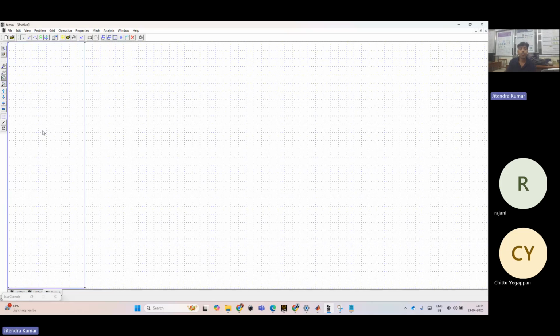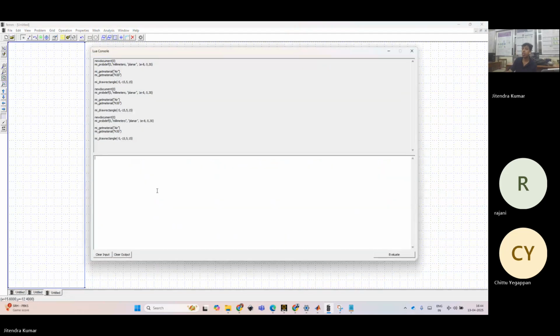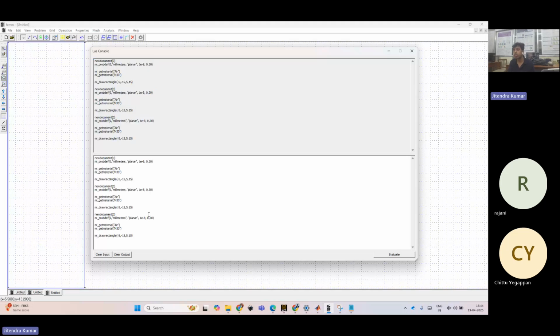Yes, sir. Now, if we have created the rectangle, what to do next? Keep the first few lines as they are.